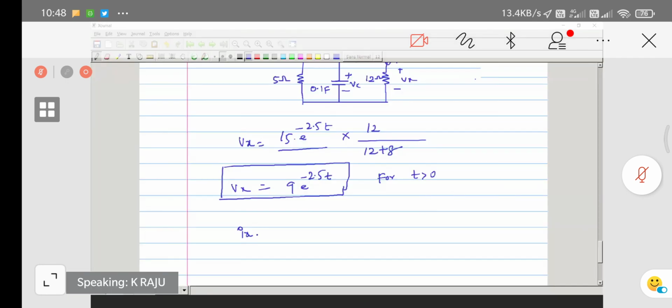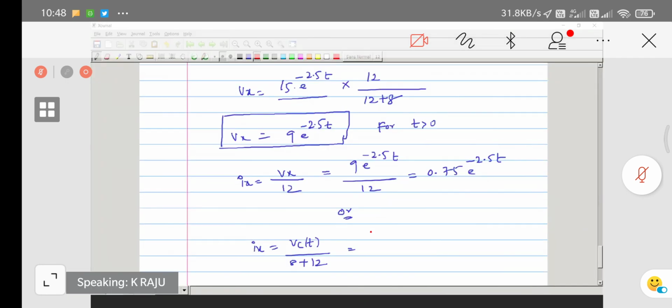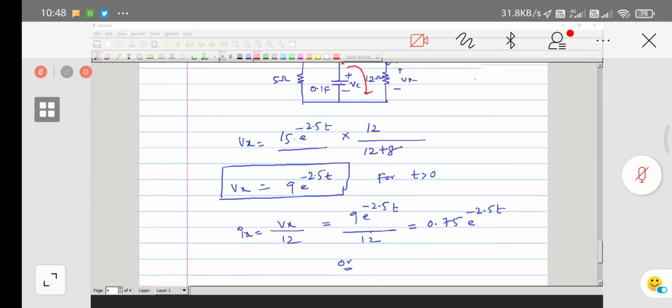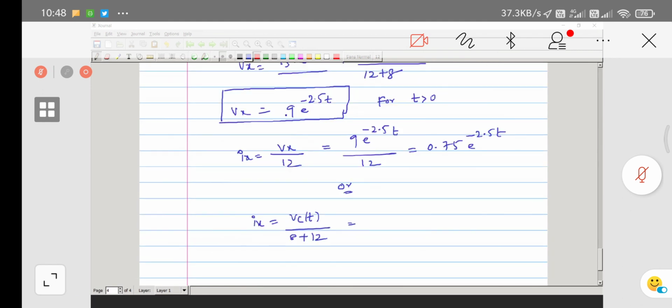You can get the voltage across these two points is Vc of t by 8 plus 12. What is the Vc of t? 15 e to the power of minus 2.5 t by 20.